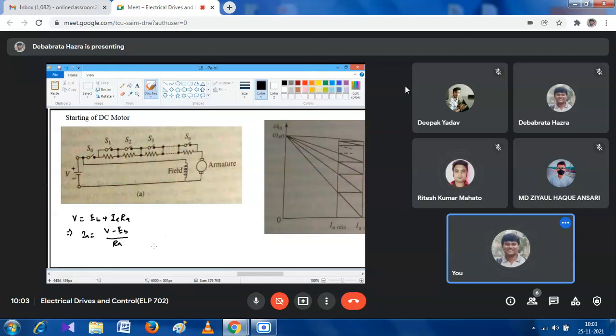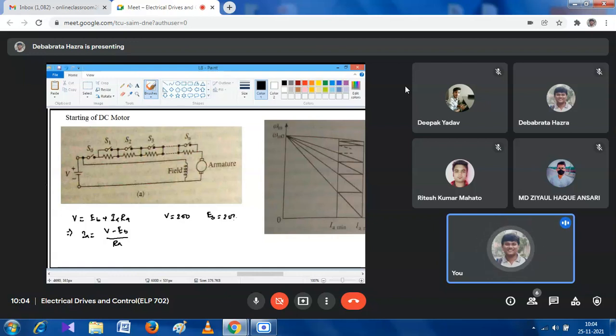Now tell me, suppose a motor has a supply voltage of 220 volts, the value of back EMF is 200, and the value of RA is 0.5.